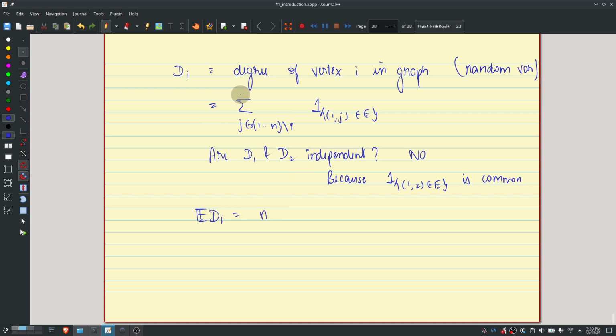I'm just summing n minus 1 Bernoulli p random variables, so it is just n minus 1 times p. Very good. So now I know that it is n minus 1 into p. So the question is, are all the degrees going to be very close to n minus 1 into p?